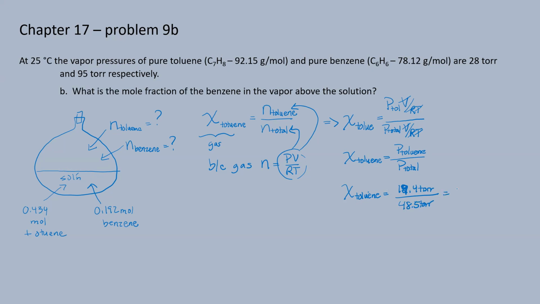So that gives us a mole fraction of 0.4. For benzene, its pressure was 29.1, again from part A, total 48.5. And this comes out to be 0.6. And it makes sense because the sum has to be 1 for fractions.